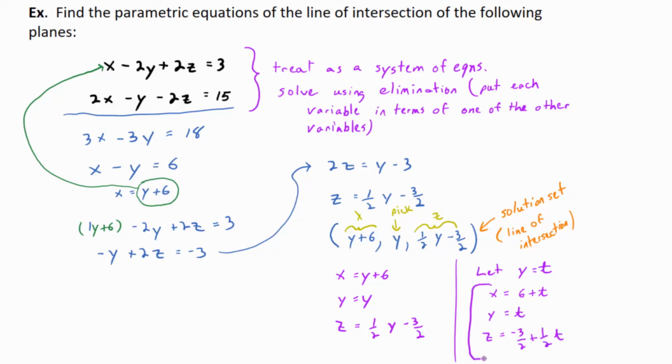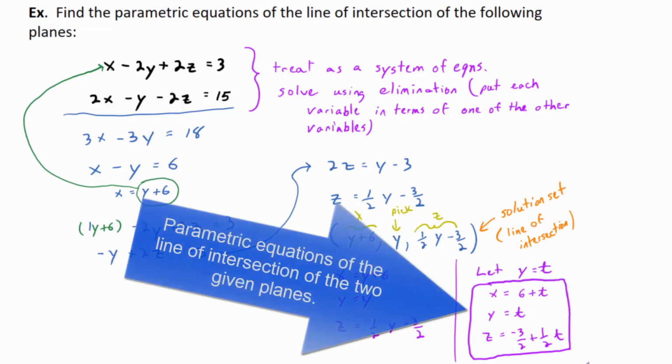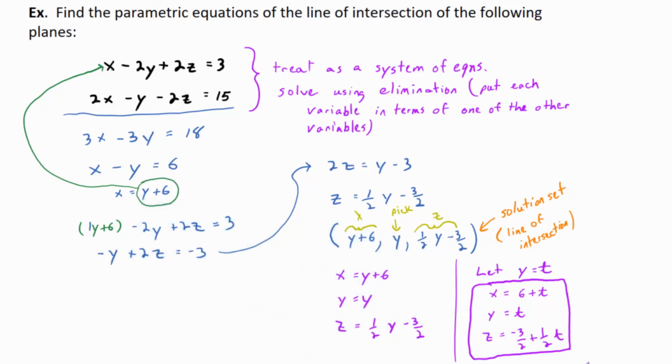And so these are the parametric equations of a line. And in this case, they're the parametric equations of the line of intersection. So your instructor back in pre-calculus or college algebra might not have told you when you solved this dependent system that that's what you were finding, but that's what you were finding. You were finding the parametric equations of the line in space, and that line was the line of intersection.